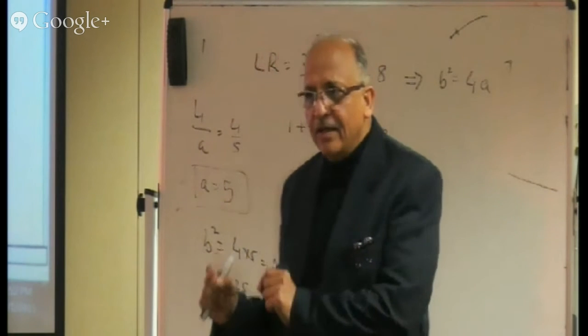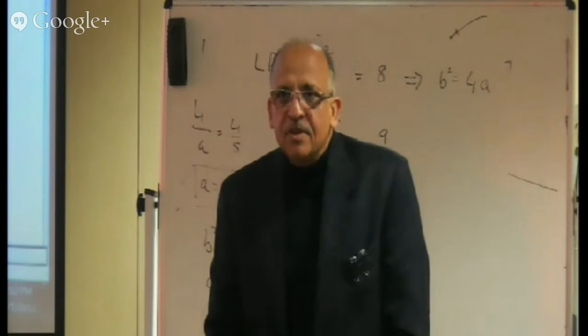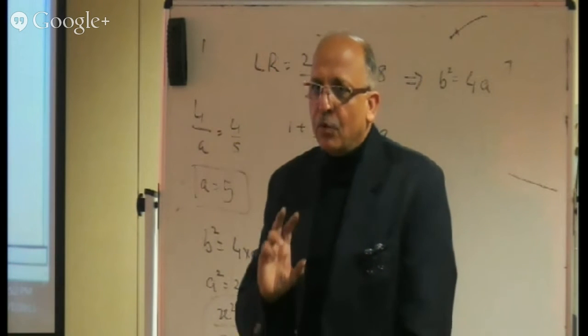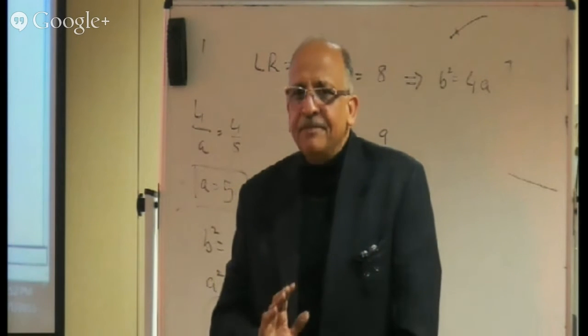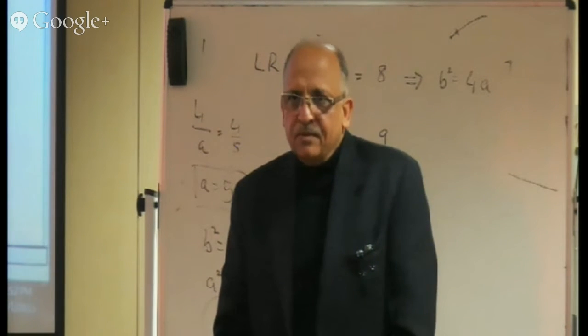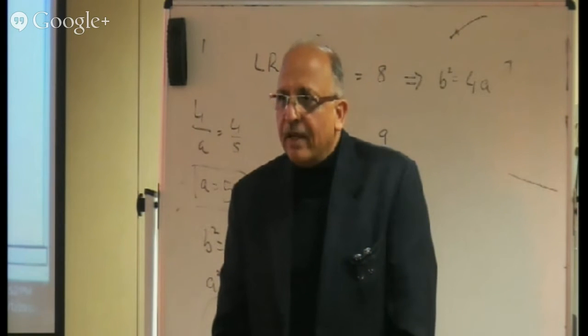Then you have to find the value of B also, or if there are two choices in both of which have x square upon 25, then you have to positively find out B. So you have to find techniques for solving.